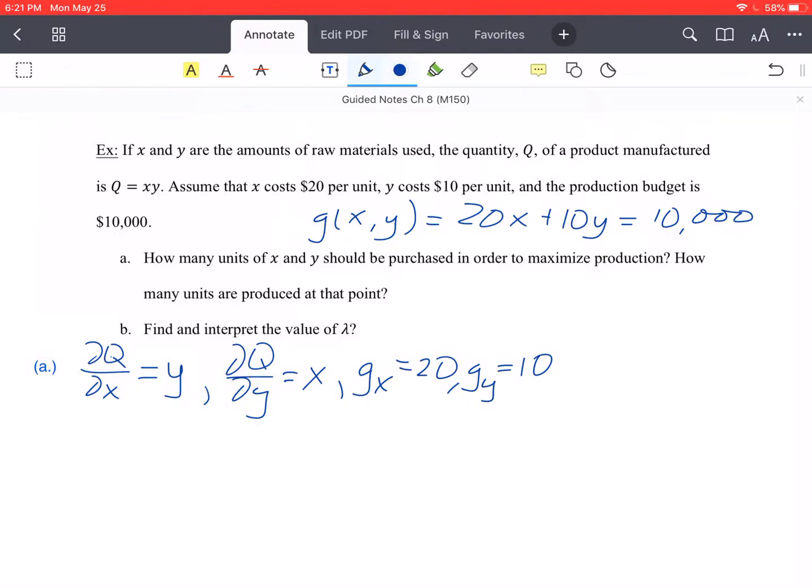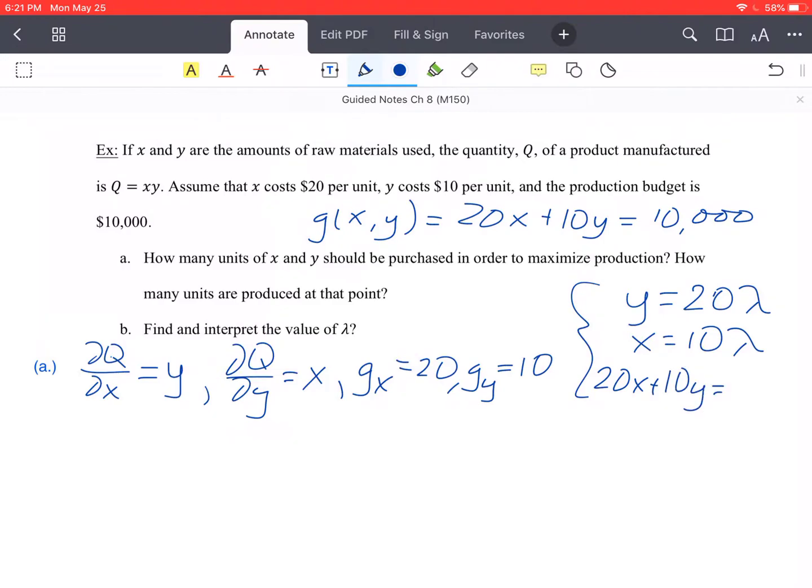Okay, so then we can set up the system of equations now. So that's fx equals lambda gx, fy equals lambda gy. So we have y equals 20 lambda. We have x equals 10 lambda. And we have 20x plus 10y equals 10,000.